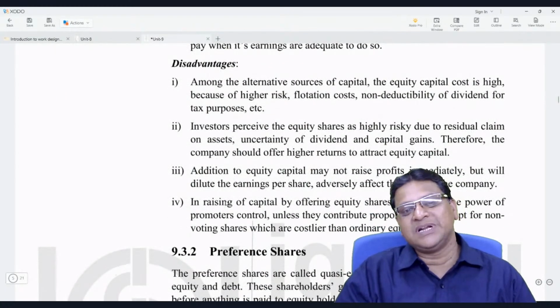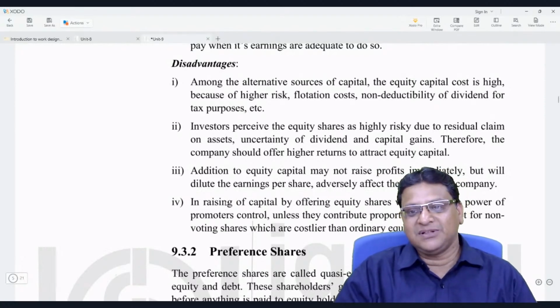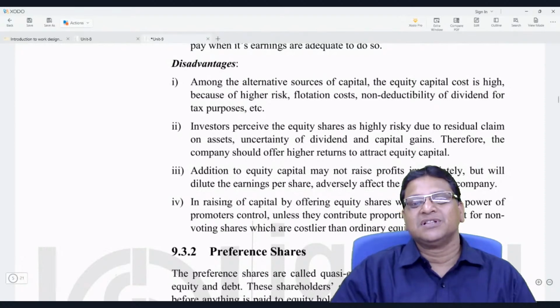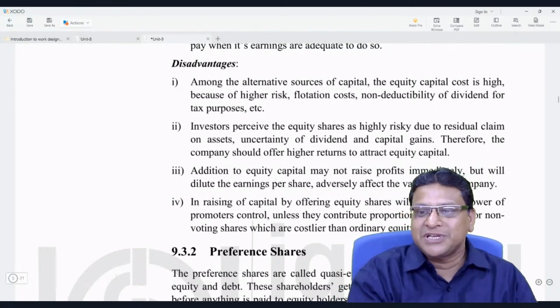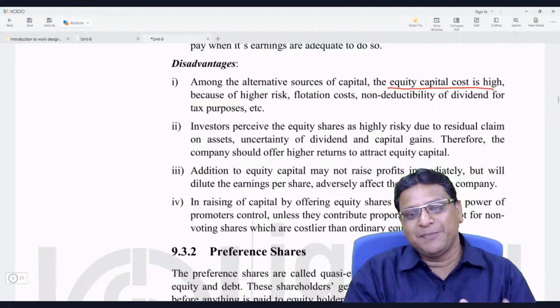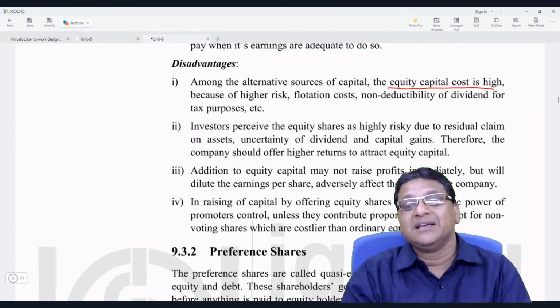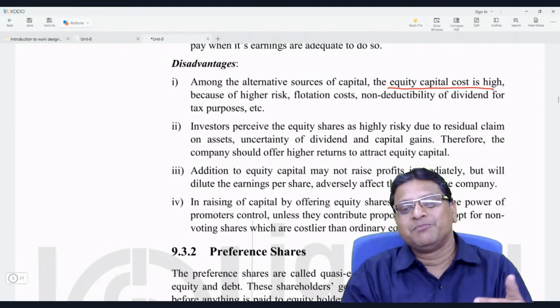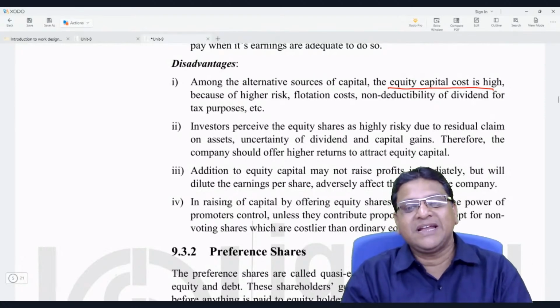Next, we will discuss what are the disadvantages of equity shares. The most important disadvantage of equity shares is that the cost of equity is very high. Cost of equity means the expectation of the equity shareholder is high in comparison to preference shares, debentures, bonds or debt.